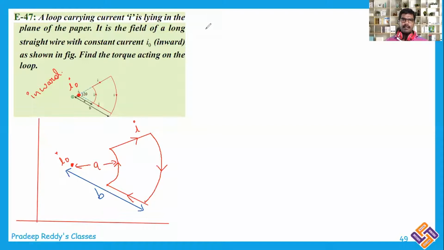In order to calculate torque, tau is equal to r bar cross F bar. Either you can use this relation or m bar cross B bar.